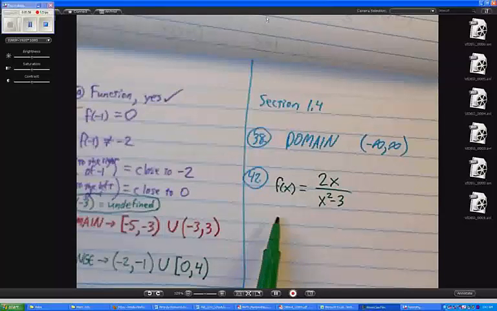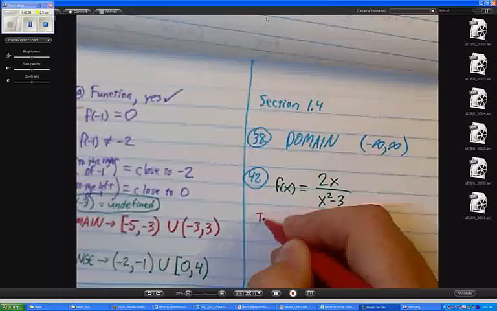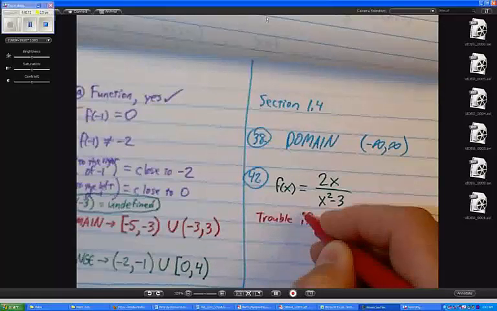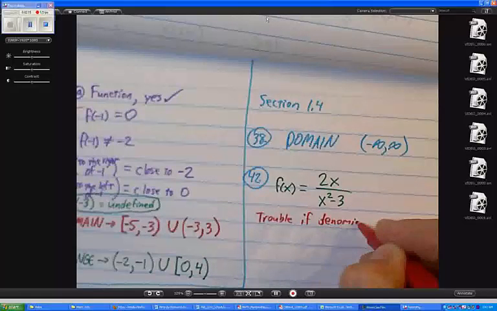The only time I'm going to be in trouble with this big fraction is if what equals 0? If the denominator. So here we have trouble if the denominator is 0.